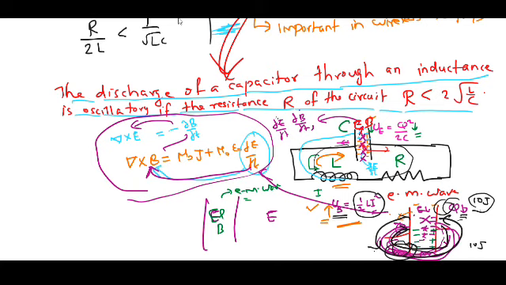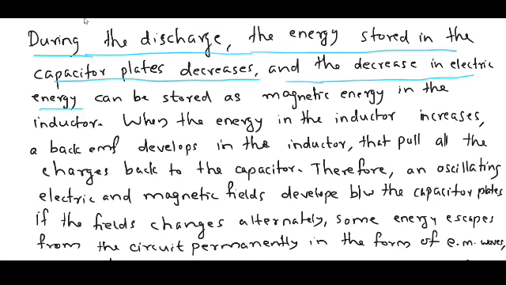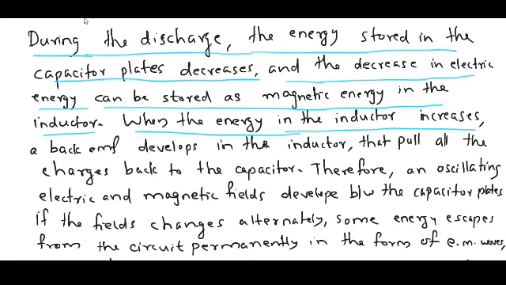Fine. Therefore, this is very important in wireless telegraphy. Okay. For convenience, I will note out: during the discharge, the energy stored in the capacitor plates decreases, and the decrease in electric energy can be stored as magnetic energy in the inductor. When the energy in the inductor increases, a back EMF develops in the inductor that pulls all the charges back to the capacitor.